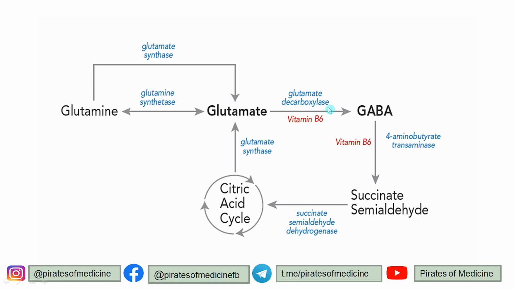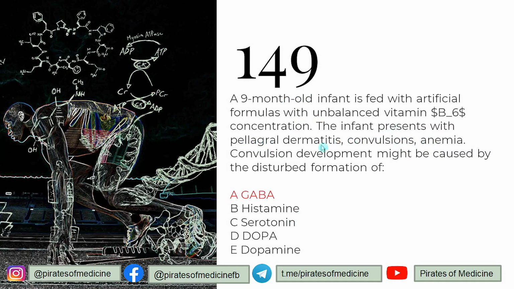And the coenzyme of glutamate decarboxylase is vitamin B6 or pyridoxal phosphate. So if this vitamin B6 is deficient, then glutamate decarboxylase will not work, which will cause increased accumulation of glutamate and hence convulsions. So the answer here is convulsion development might be caused by the disturbed formation of GABA. Correct?